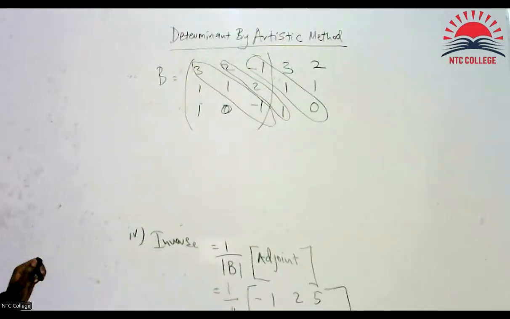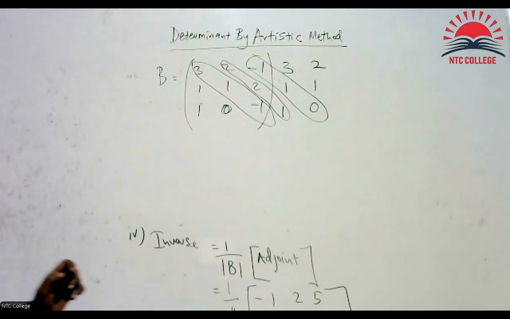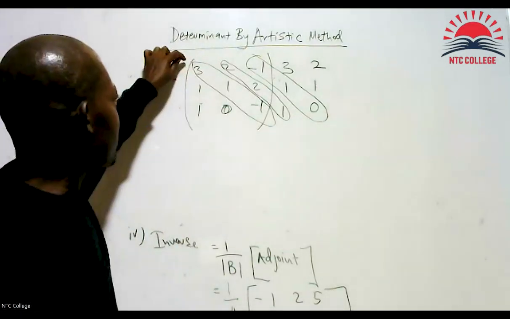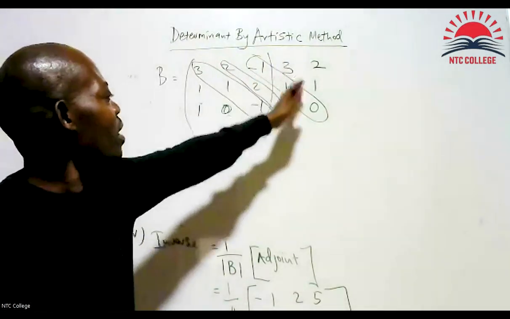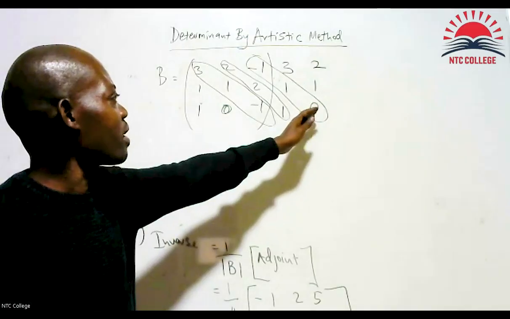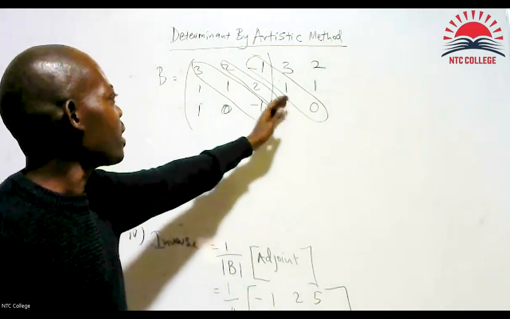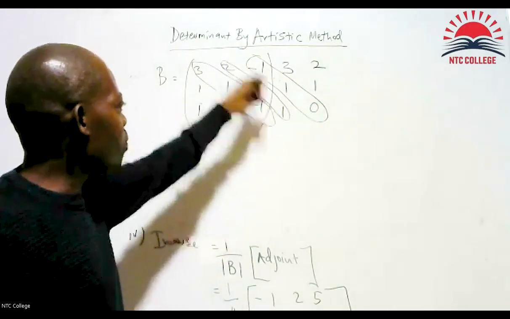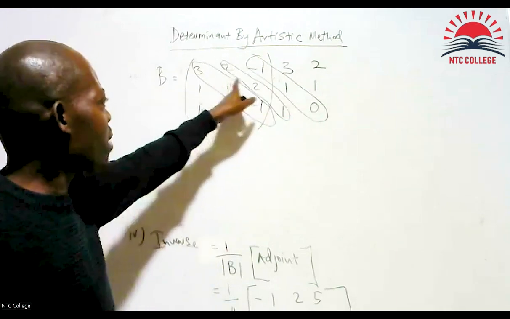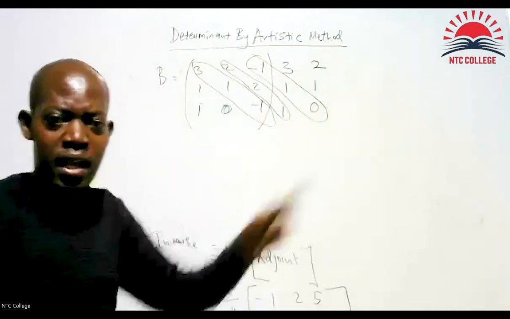I hope if you are writing from your end, and you can even use a ruler to cross them, you can see if you added 2 columns, and you have to draw complete diagonals, you should be able to extract them using those elements.